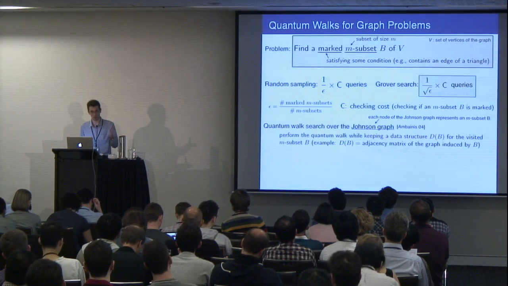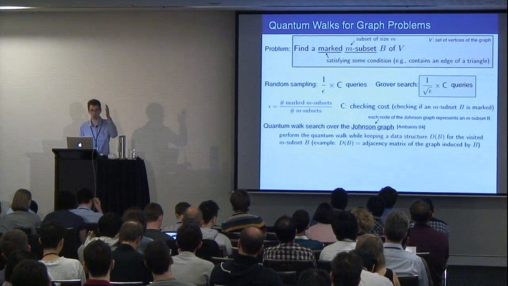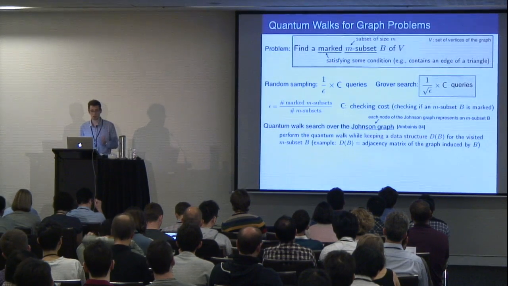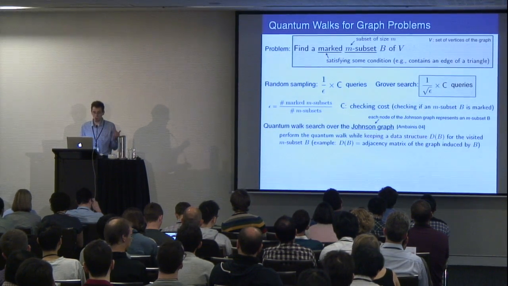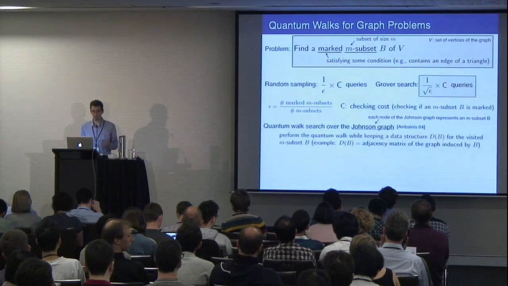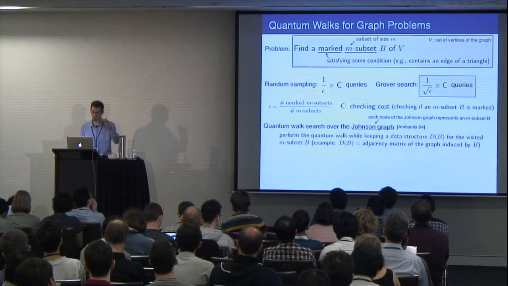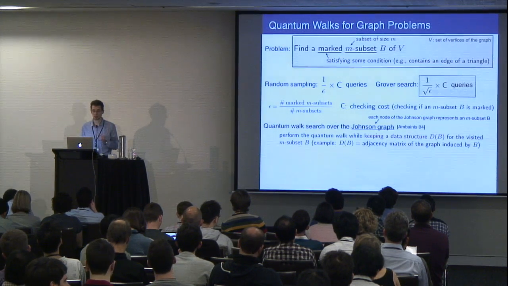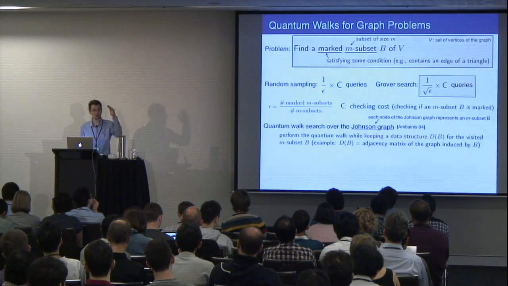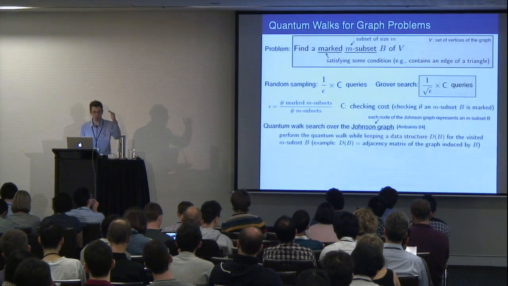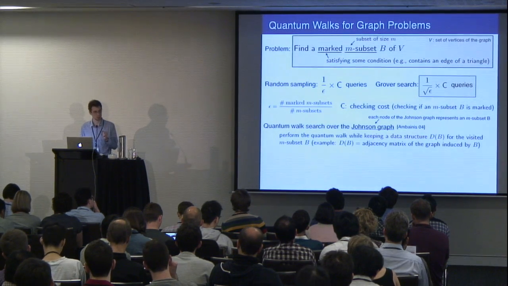Check if it is marked, and if not, move again to an adjacent vertex chosen at random. And the quantum walk will be a quantum version of that. That is, instead of moving to a randomly chosen adjacent node, we will move to a quantum superposition of the adjacent nodes.